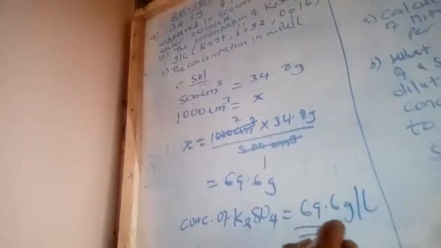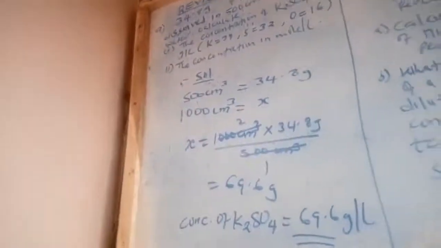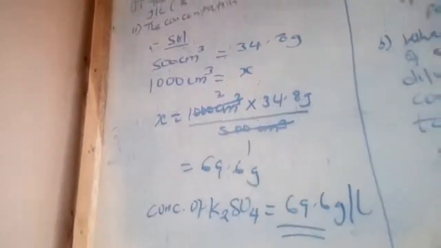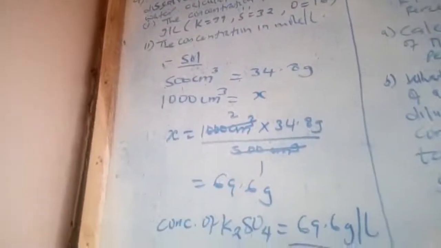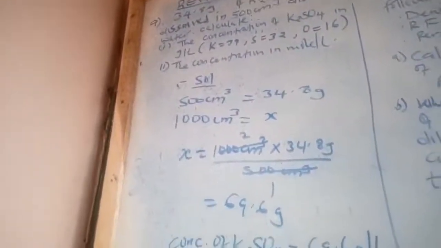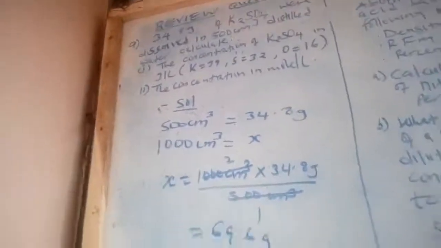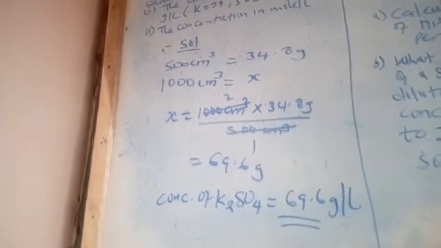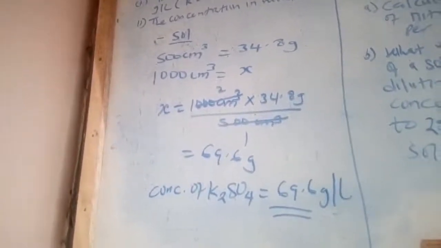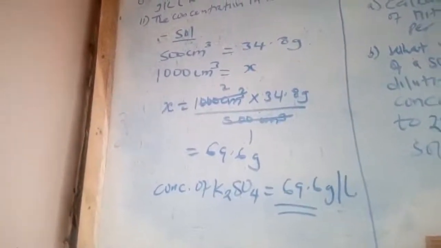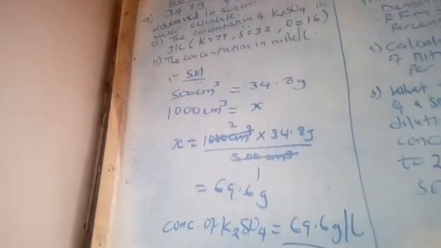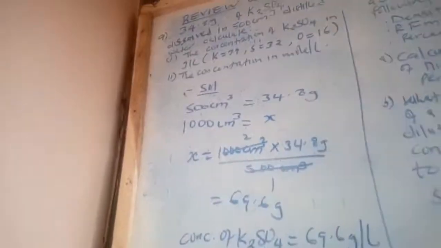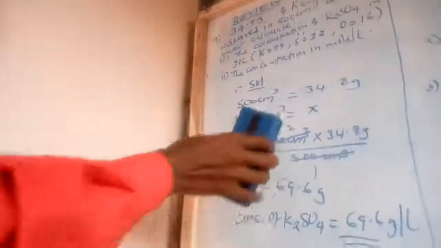That is how you are supposed to calculate, so that you can see the answer is 69.6 grams per liter.